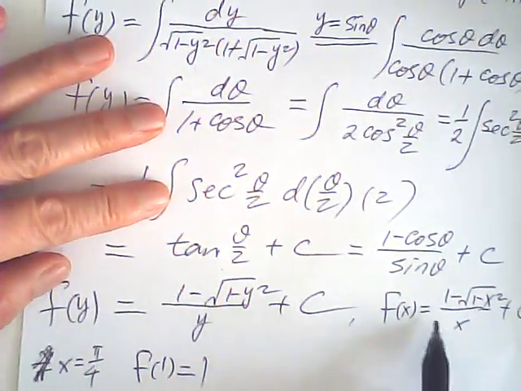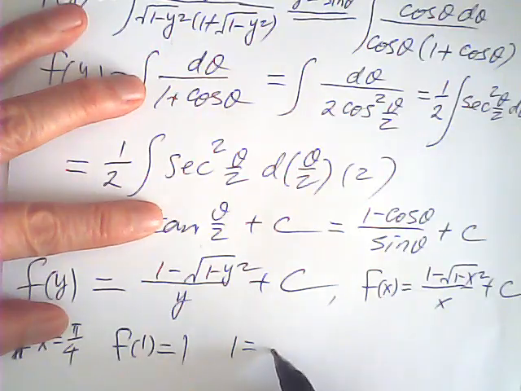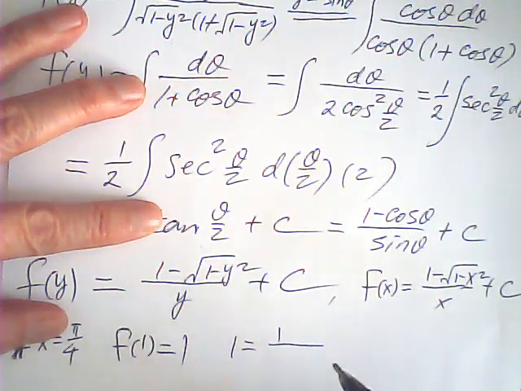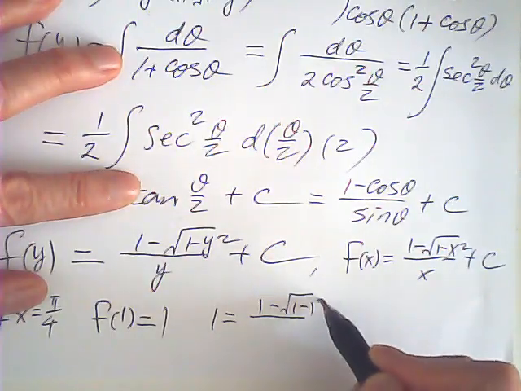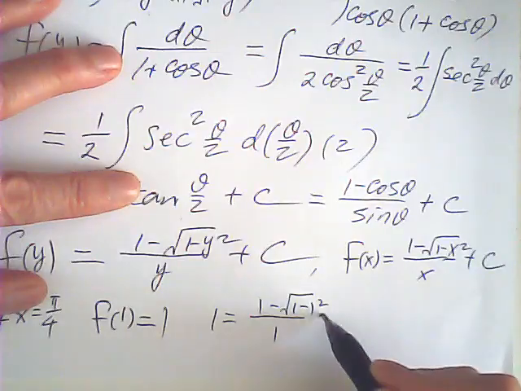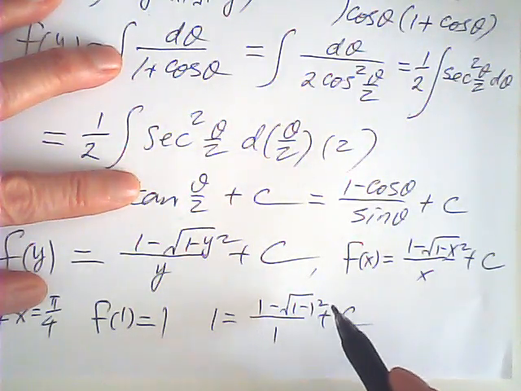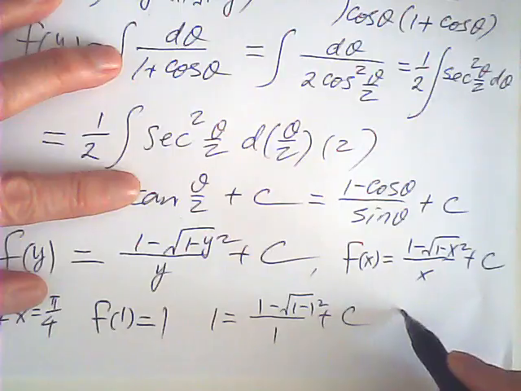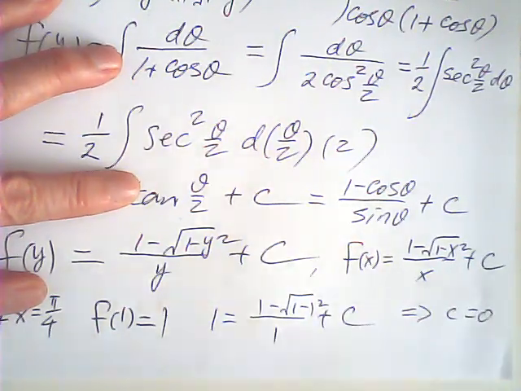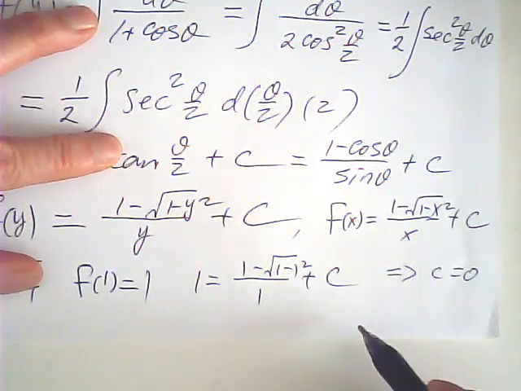And we apply this one here. Therefore, 1 is equal to (1 minus 1 square) over 1, plus c. So this is 0, this is 1, right? This is c. Therefore, c equals 0.